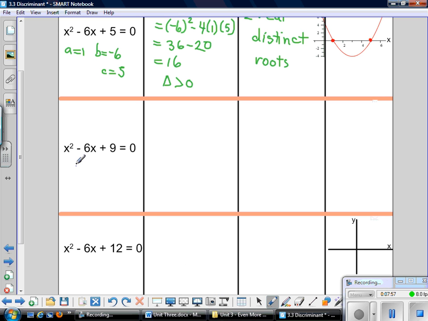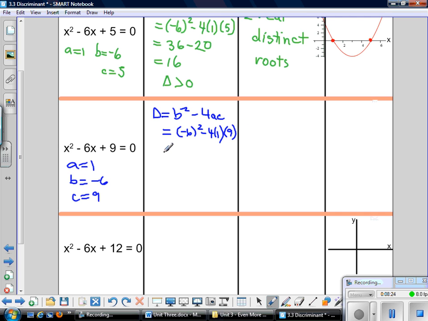So this time I will use blue. My A is 1, my B is -6, and my C is 9. Again, my discriminant equals B squared minus 4AC, and substituting those values in, I end up again with a -6 squared minus 4 times 1 times 9.